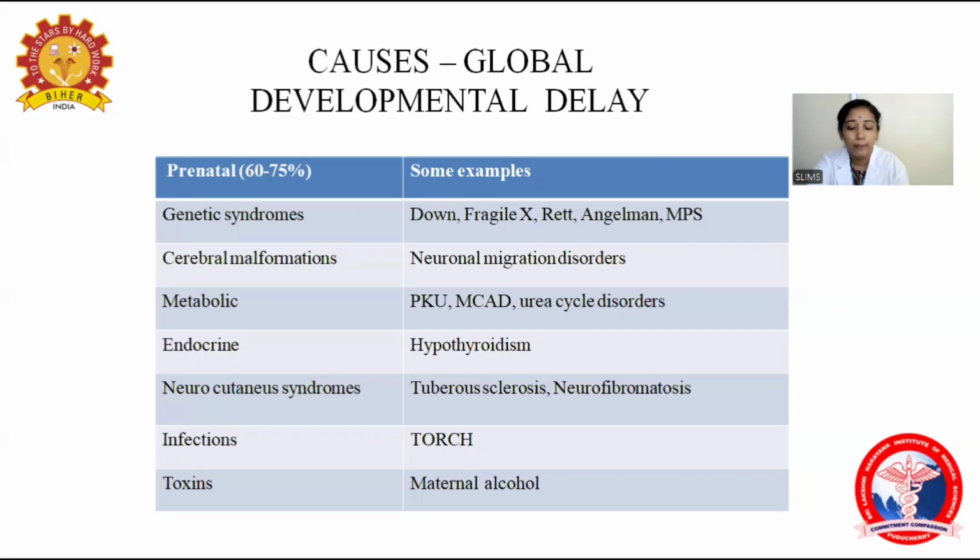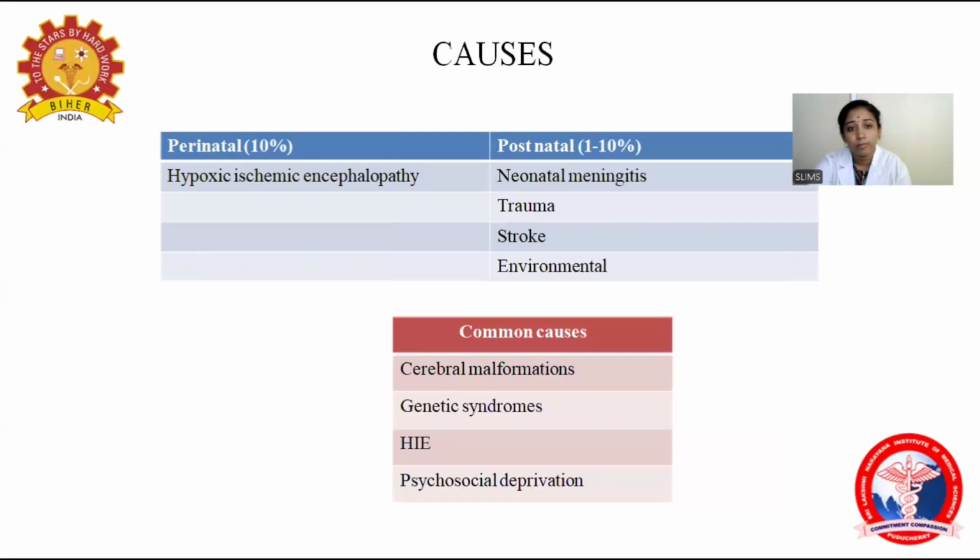Endocrine cause is hypothyroidism, a common preventable cause of mental retardation. Next are neurocutaneous syndromes, for example tuberous sclerosis and neurofibromatosis. Infections like TORCH infections and toxins such as maternal alcohol consumption are also causes. Perinatal causes account for 10% of the etiology of developmental delay, seen in hypoxic ischemic encephalopathy.